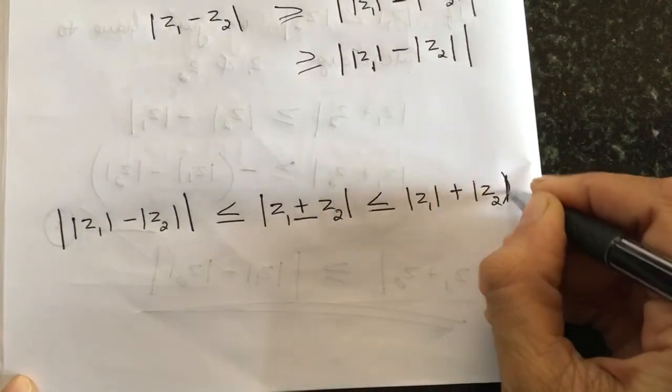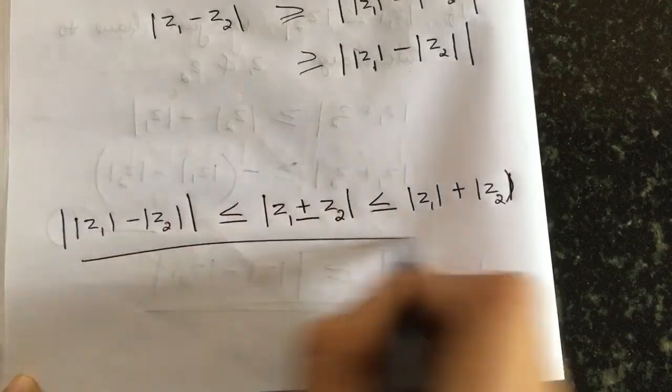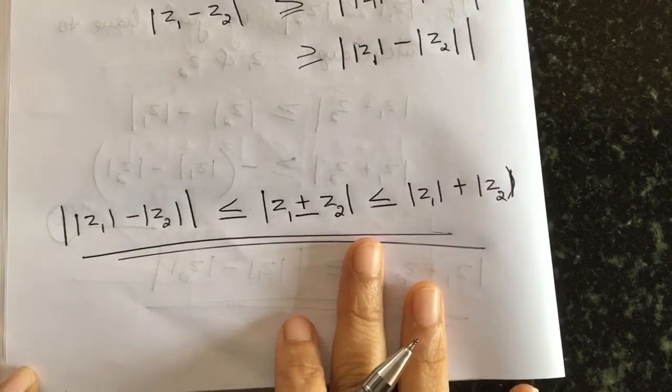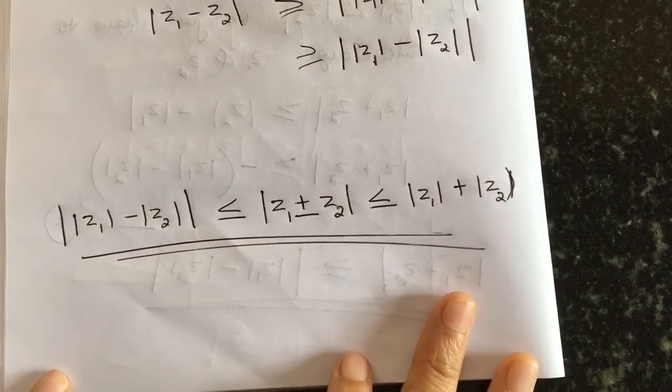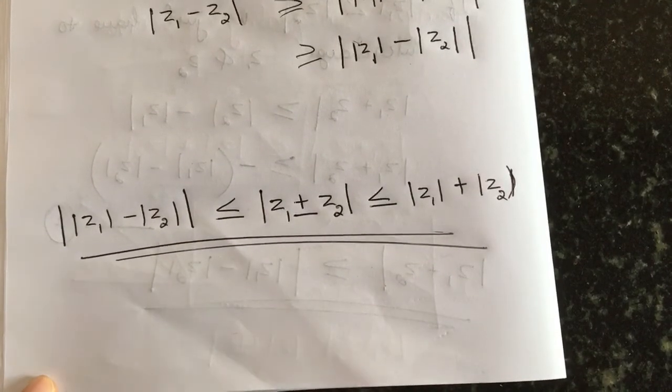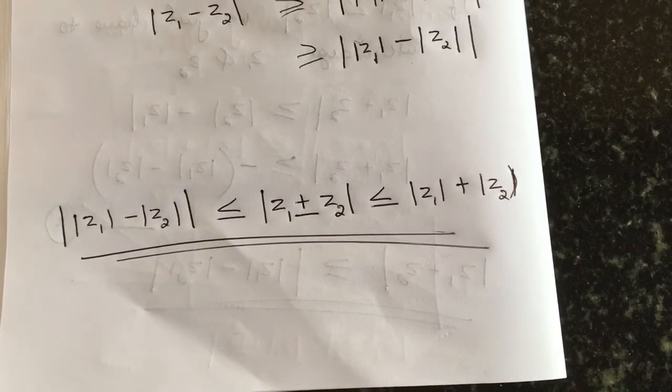I'm sorry, this is the mod value. So this is the final expression you need to remember to solve many complex number problems, and it's very helpful in deriving many complex analysis problems.